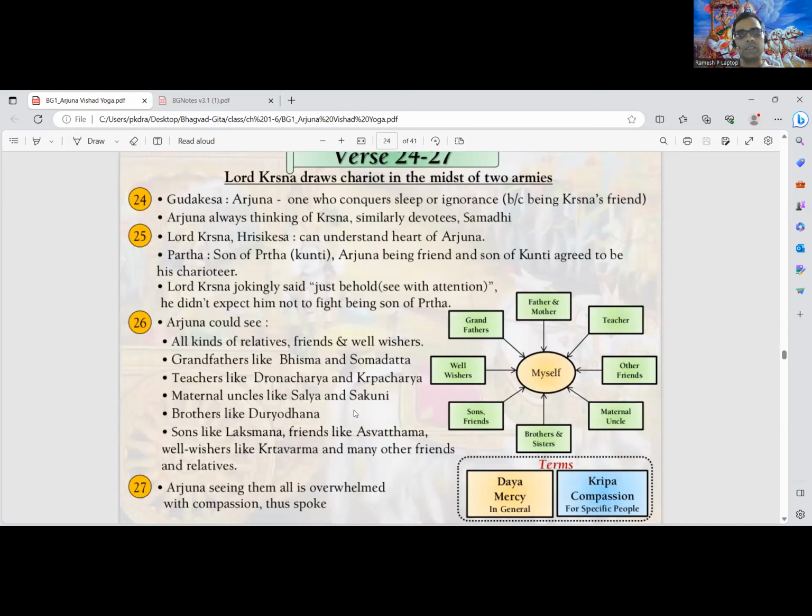Then Arjuna gets a little bit bewildered. As he has a soft heart, after seeing all of them, his mind started changing. Until then, he was ready to fight with the bows and arrows. Now we'll see, one after the other, many things about the bewilderment.